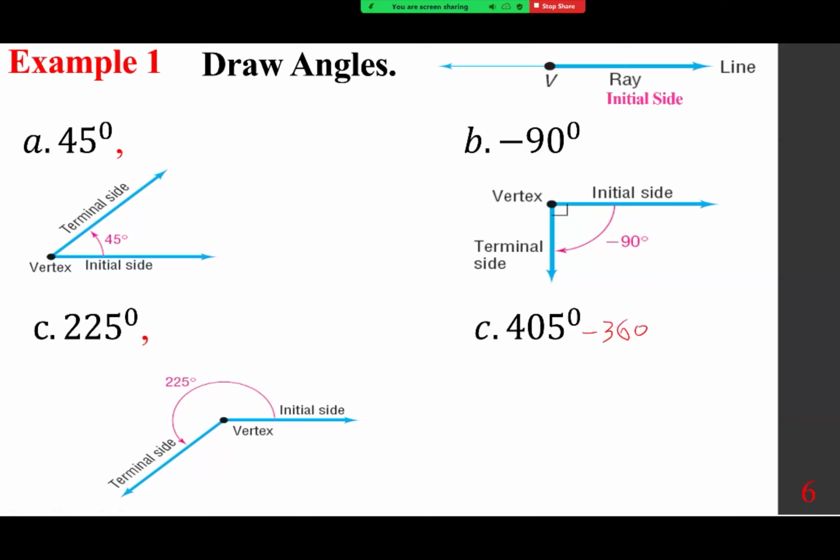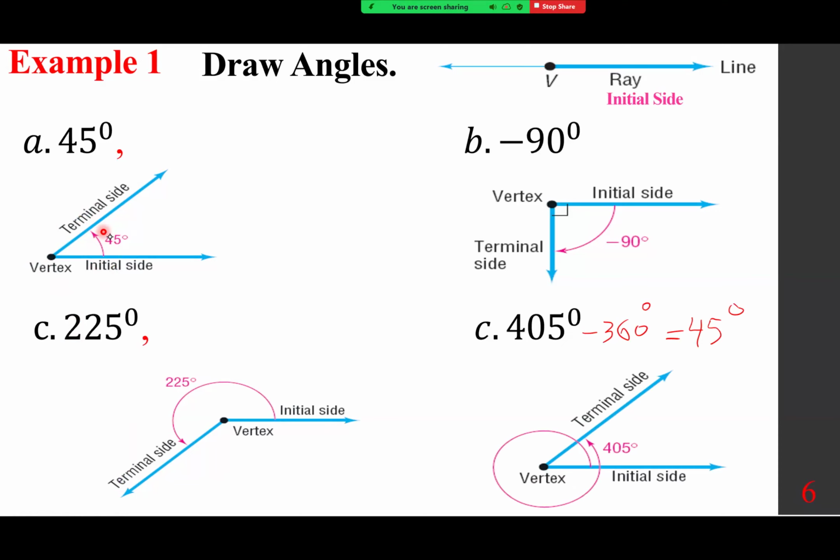If you subtract a complete revolution, because it's larger than that, or multiples of that, in this case 360 will do the job, it gives us 45 degrees. So in essence, this is going a complete revolution and coming back to this. So that's how we draw angles.